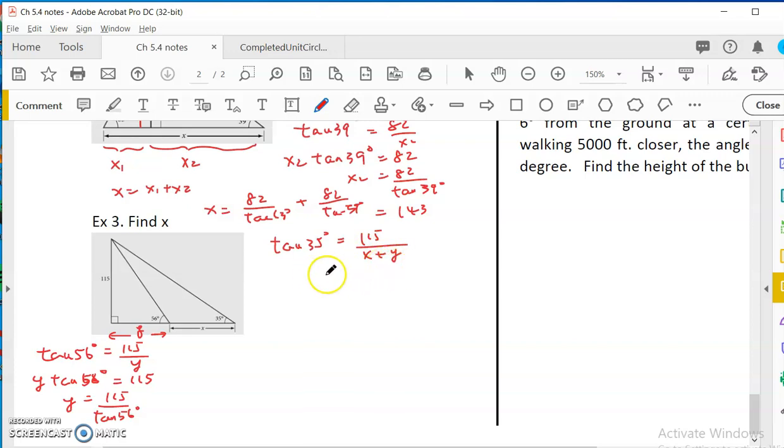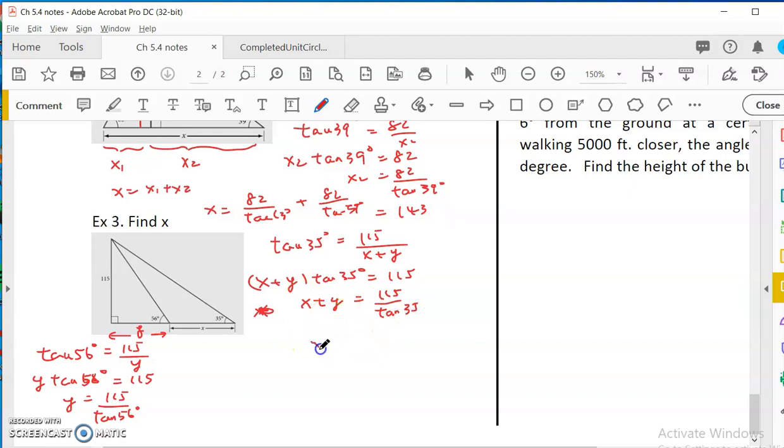So I multiply both sides by x plus y: x plus y times tangent 35 is equal to 115. But y is 115 over tangent 56. Actually, I'm going to divide both sides by tangent 35. Maybe it's easier that way. So x plus y is equal to 115 divided by tangent 35.